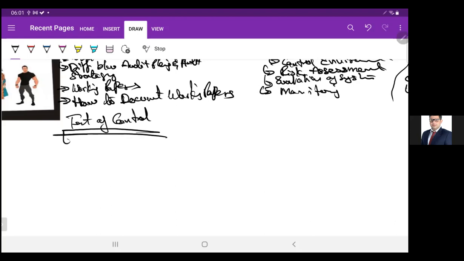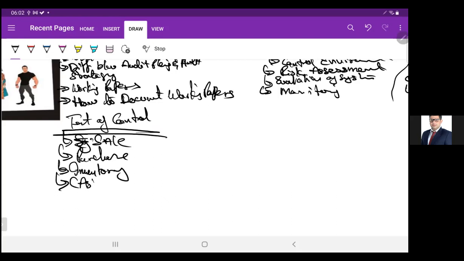Test of controls will be related to the sales cycle, purchase cycle, inventory cycle, cash and bank, payroll, and capital expenditure, right?